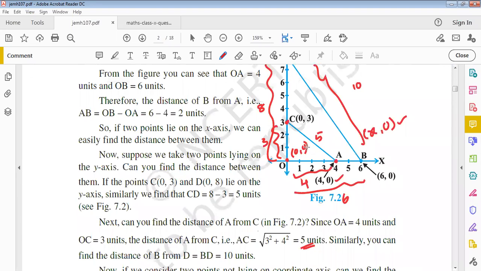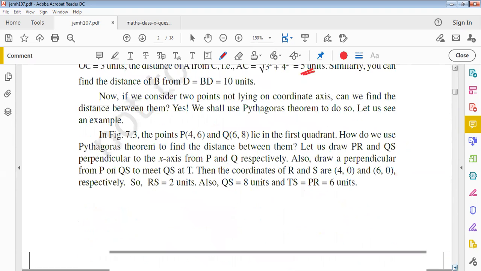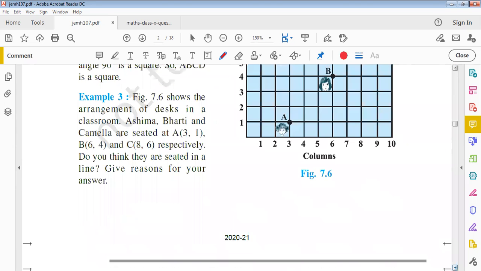In this section 7.2, we can find the distance between A and C. Similarly, we can find the distance between B and E also. Based on these conditions, the distance formula is root over (x2 minus x1) whole square plus (y2 minus y1) whole square. Using that formula, we are able to find the distances. Next question, we are moving to that one.